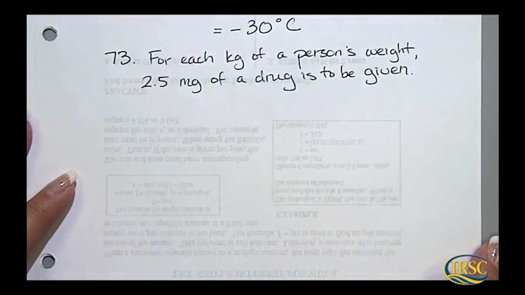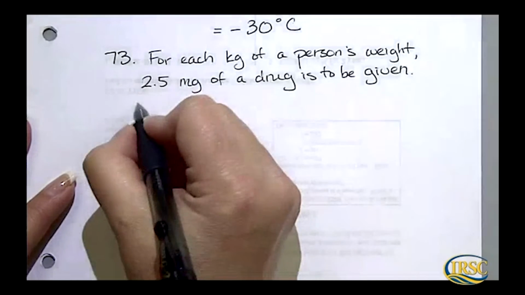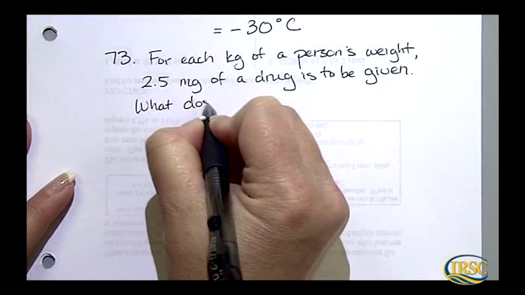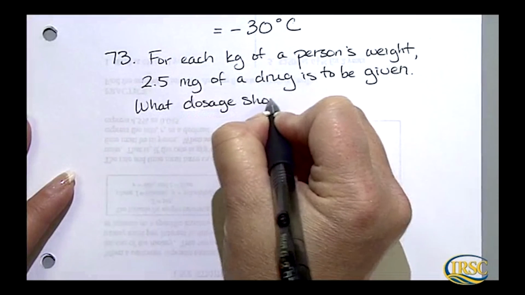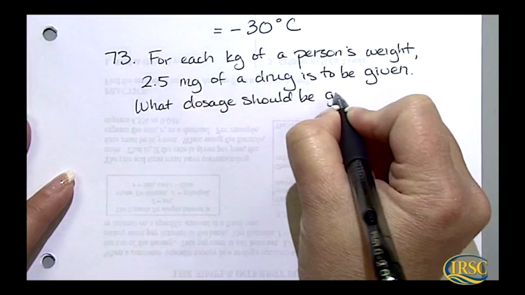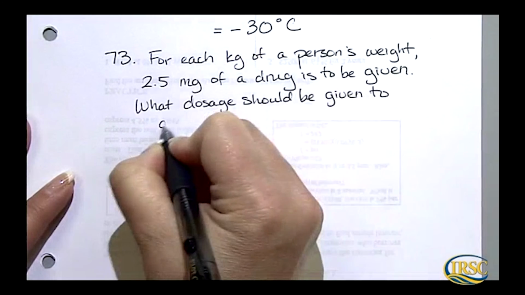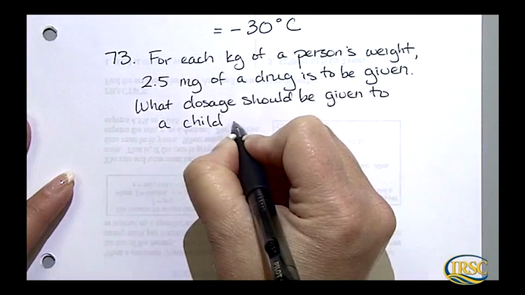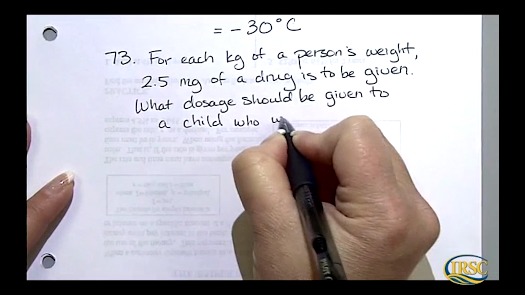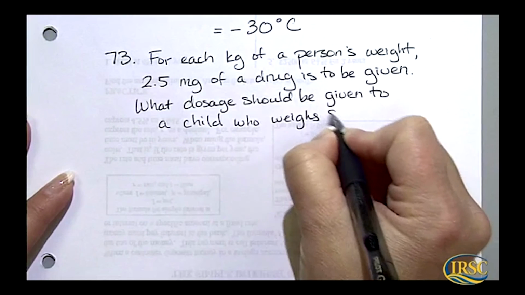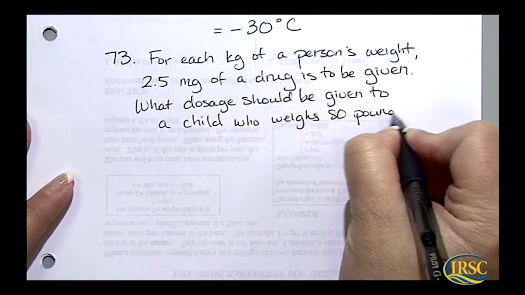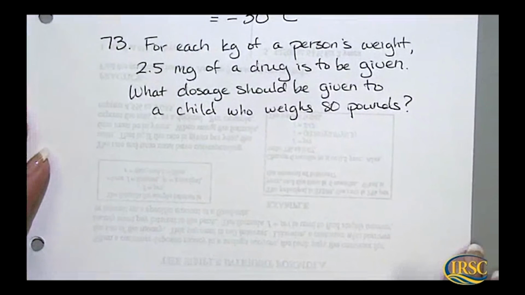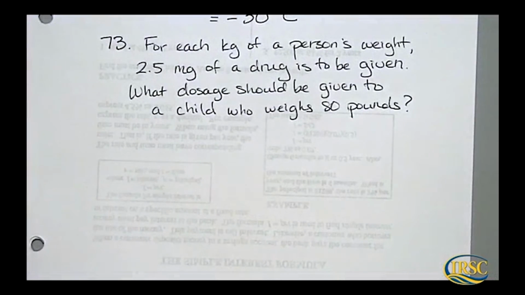What dosage should be given to a child who weighs 80 pounds? Okay, so we know that for each kilogram of a person's weight, 2.5 milligrams of a drug is to be given. And we have a child who weighs 80 pounds.